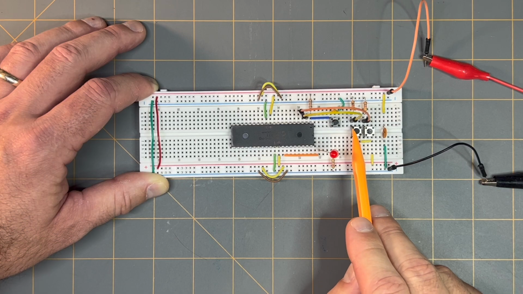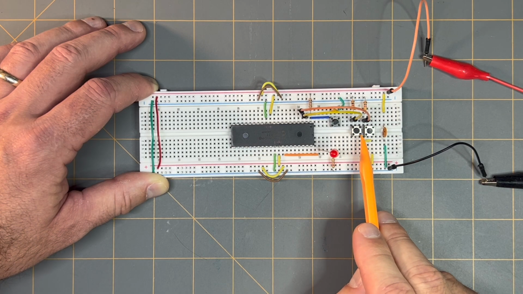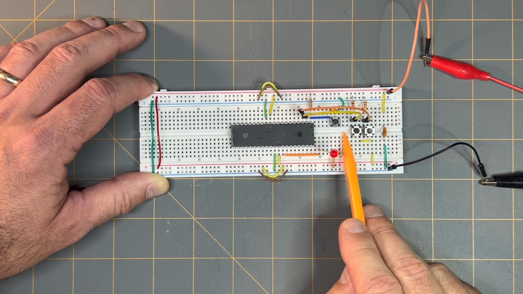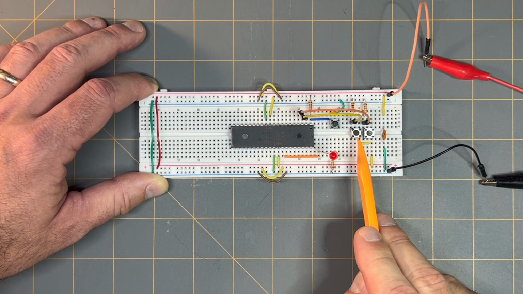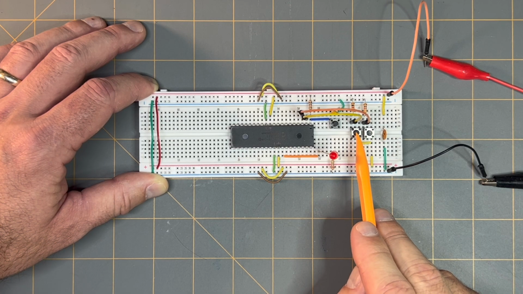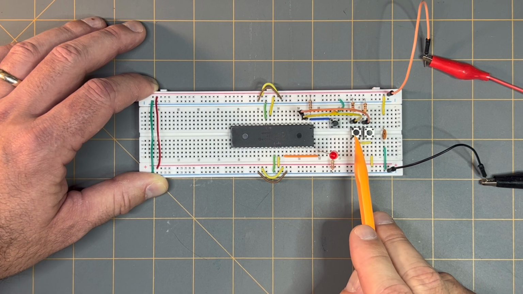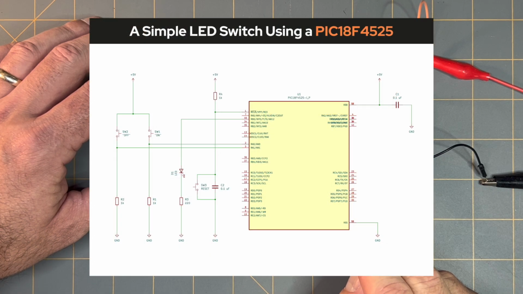So these two legs are isolated from these two legs or leads of the switch across this groove or center gap of the breadboard. So they're isolated on either side. And like I said, this is switch 1 as referenced from the schematic diagram.